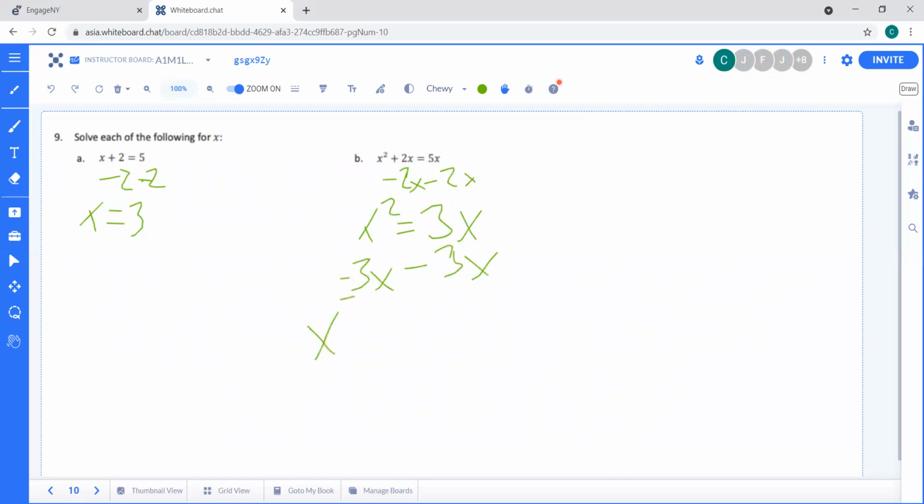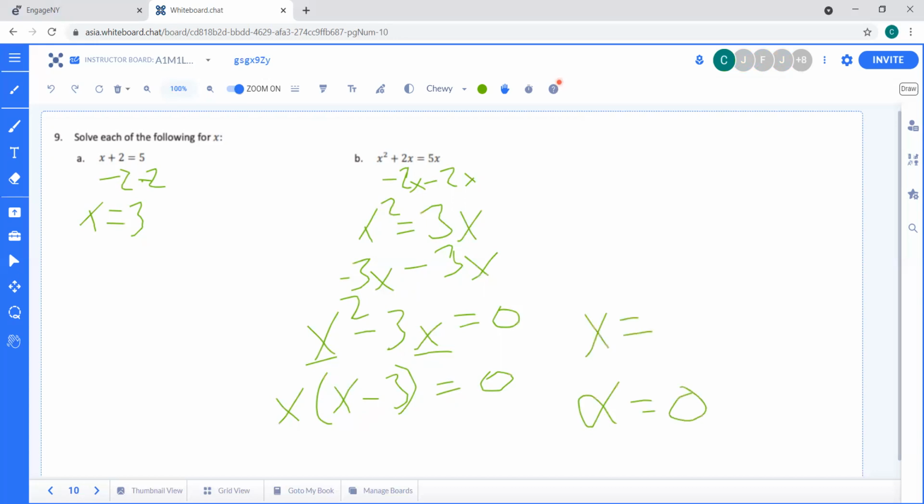I have x squared minus 3x equals 0. I have x in common, so I'm going to factor that out. Leaves me with x times x minus 3 equals 0. So x equals 0 and x equals 3, because I'm going to set both of these equal to 0.